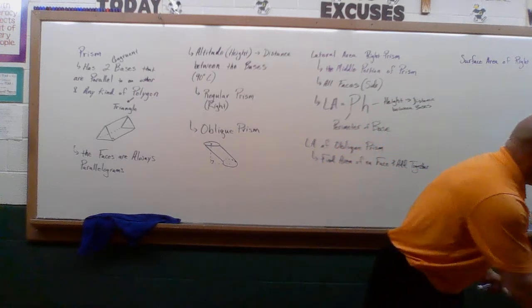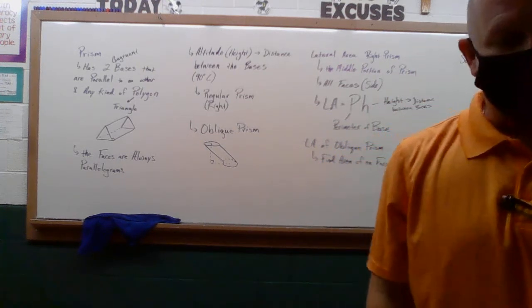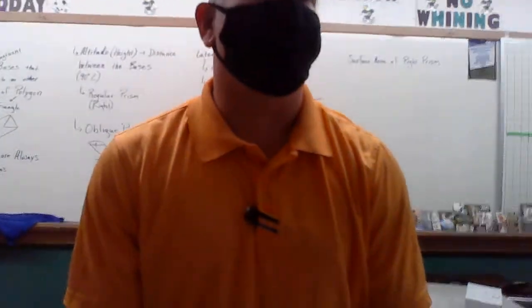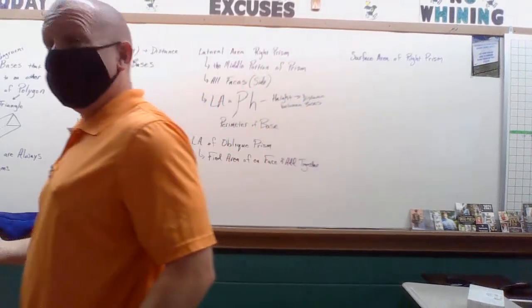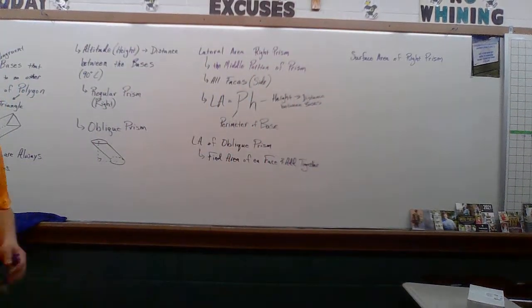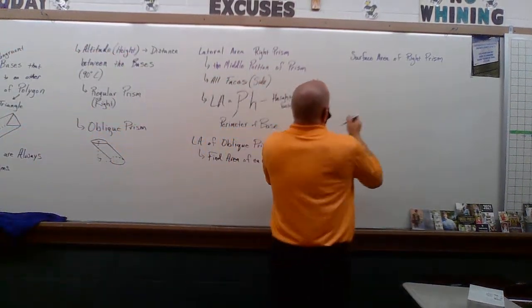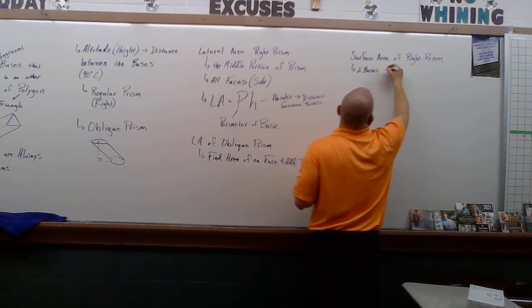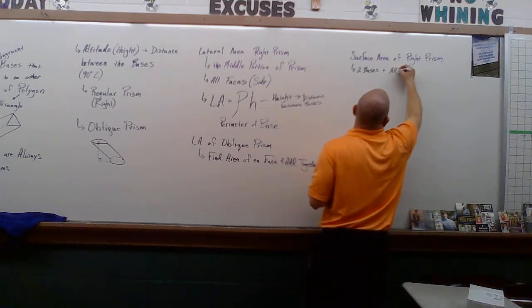When we talk about the surface area, I always think about it as you wrapping a gift. You would want to know how much paper you needed to have. So the surface area is the two bases plus all the faces.